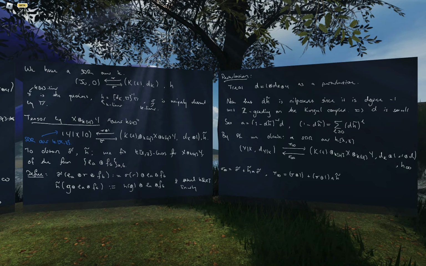You can show by just calculating that it washes out to be the same thing we had before. And then H infinity is similar.